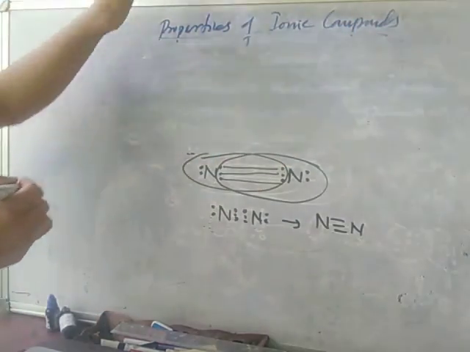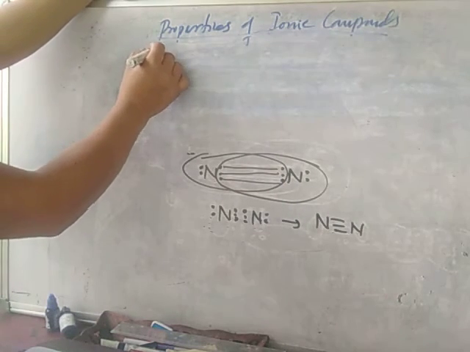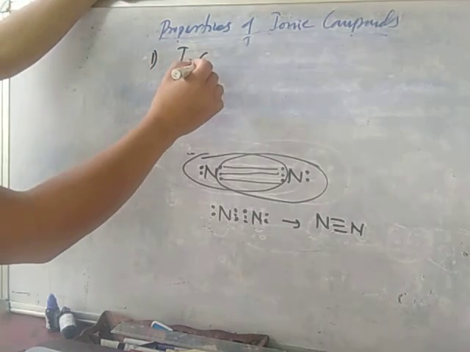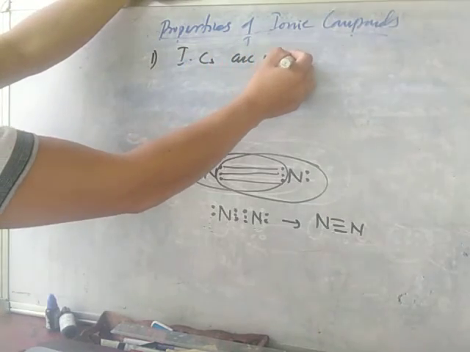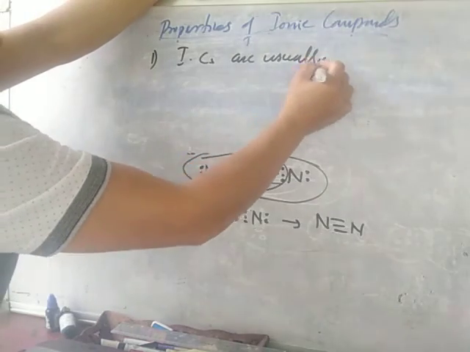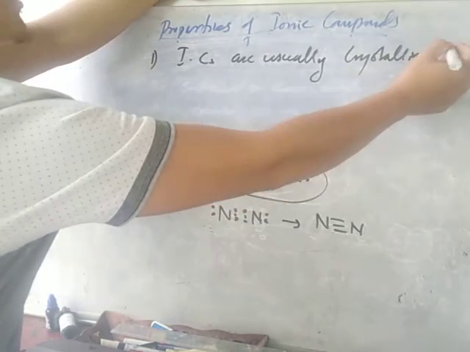First write down, ionic compounds are usually crystalline solids.